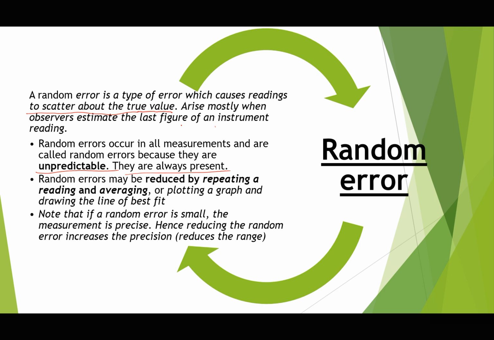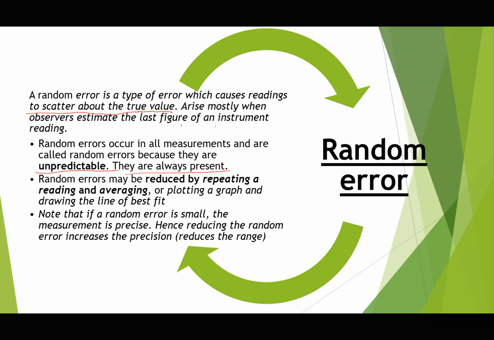In fact, when there are random errors, you may find that the average value of all these measurements is actually the true value. Unlike a systematic error which affects the average, the random error does not affect the average because it makes values to be either above or below the true value.